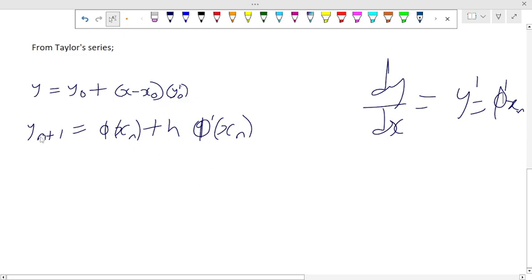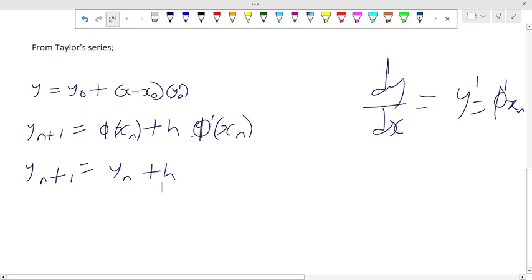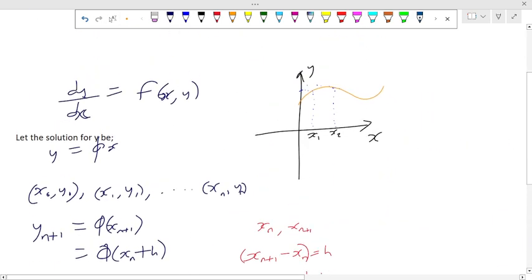And it is obvious, y n plus 1 looks like this: y n plus 1 equals y n, we can leave it this way, plus our step size h times this thing here, which is what we have as f of x, y.